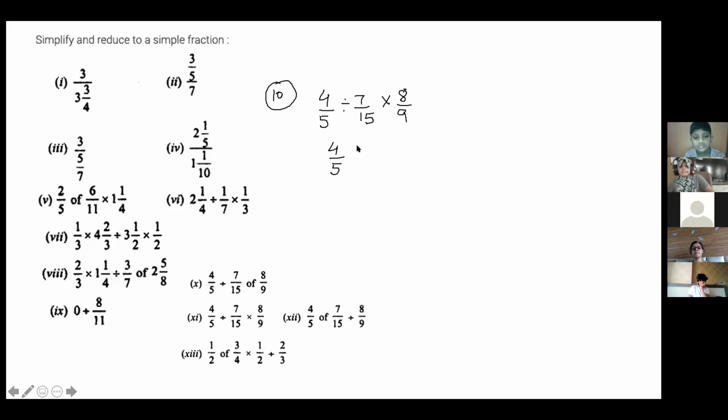Multiply it. So it is 15 into 9. Ma'am, we can cut 5 and 15. No, not now. You can cut after doing the reciprocal. After doing the reciprocal, you can cut. 5 ones are 5. 8 upon 9 will also be reciprocal.